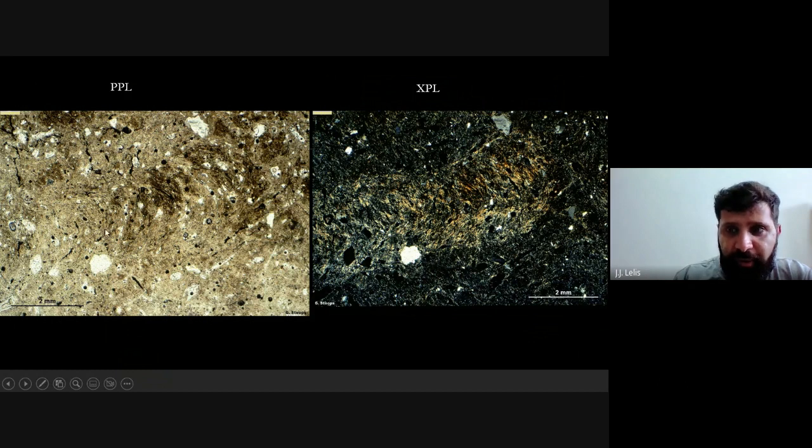So this different fabric shows us that something or someone organized this material in a different way from the background, from the fabric. So this is a pedofeature produced by biological activity. They are generally related to termites. So if I find this kind of pedofeature, I can understand that this horizon or this layer, in the past or today, favored the action of termites.